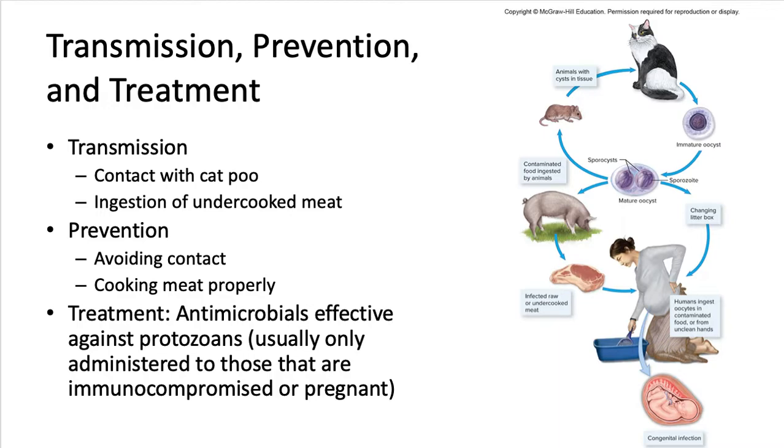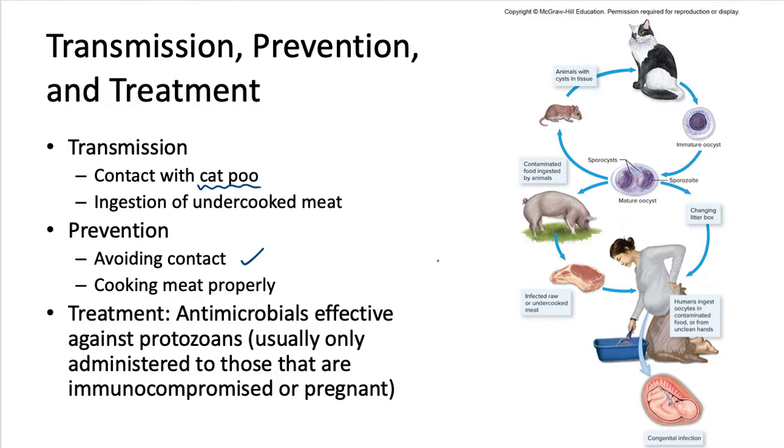It is transmitted from cats through those oocysts that can be found in moist soils or in litter boxes. So avoiding contact with litter boxes or cat poop is one way to prevent the infection. These oocysts can also get into meat products, and so if you eat undercooked meat, you could also ingest those oocysts, and they could germinate into the flagellate form.